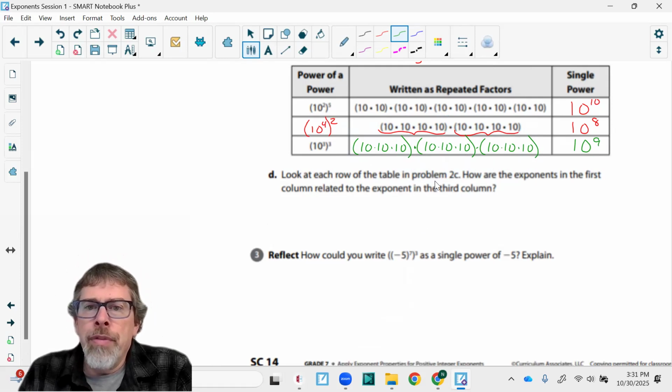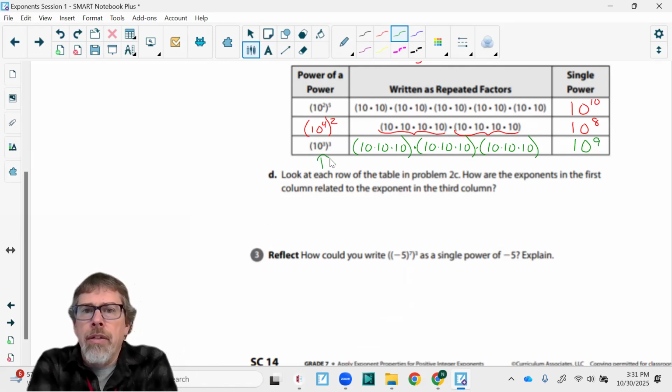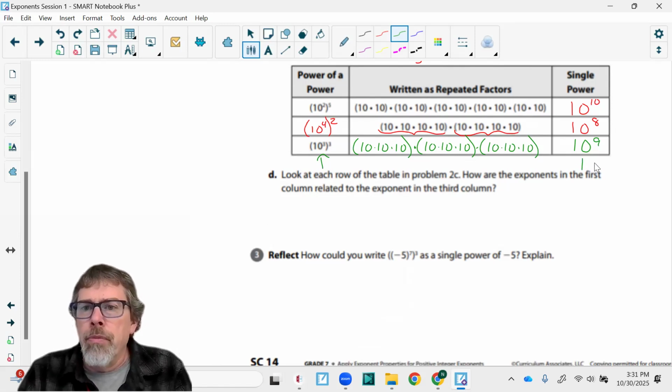Look at each row of the table in 2C. Look at each row. How are the exponents in the first column, this column, related to the exponent in the third column over here?